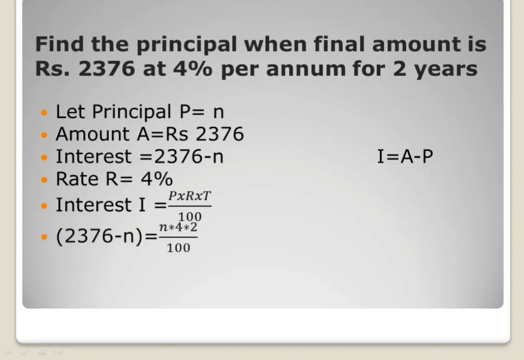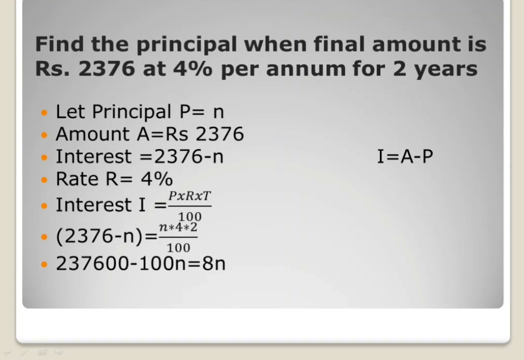So 2,376 minus n is your interest equals n, your principal, into 4 into 2 upon 100. Now this 100 is multiplied here in both of the terms of the bracket. So I will get 2,37,600 minus 100n equals 4 times 2 is 8. So you will get 8n here. Now this 100n I am taking here.